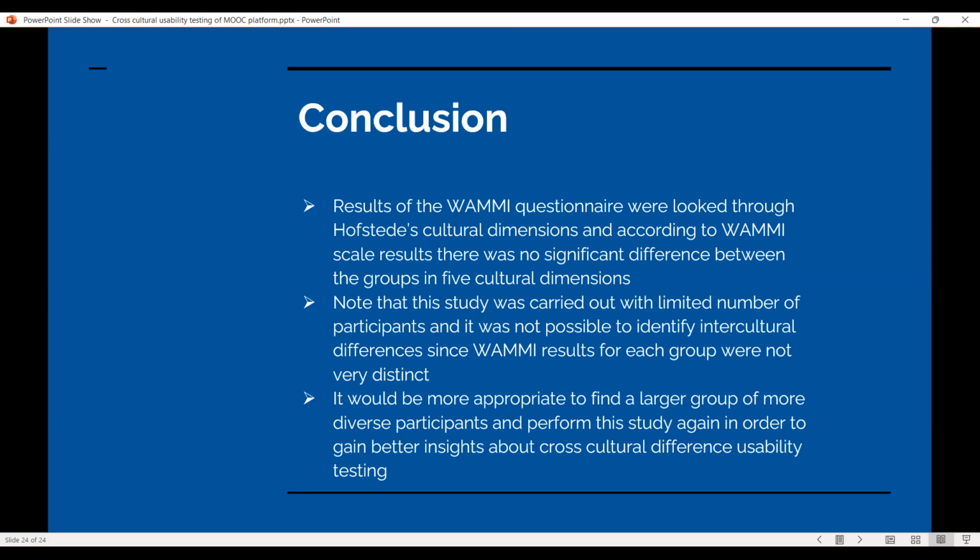But it is important to mention that this study was performed with a limited number of participants, specifically 10, and it was not possible to identify intercultural differences because results were not very distinct. It would be more appropriate to find a larger group of more diverse participants and perform the study again in order to gain better insights about cross-cultural differences. And that would be it.